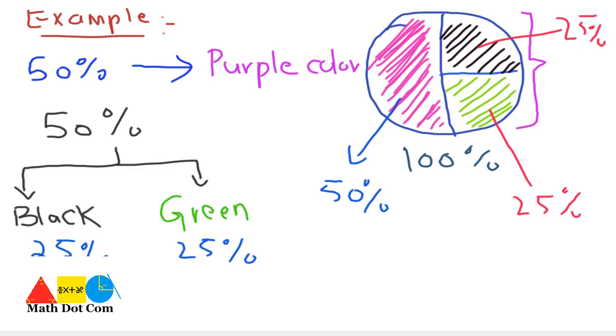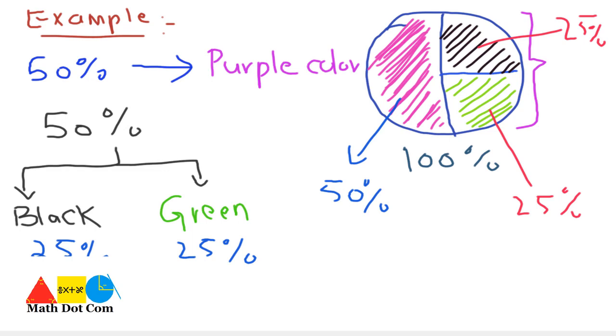So this is how you represent the portion of a certain thing that is divided into parts, and find out which part has covered how much portion. We have taken the example of a circle consisting of different colors to check which color has occupied how much space.